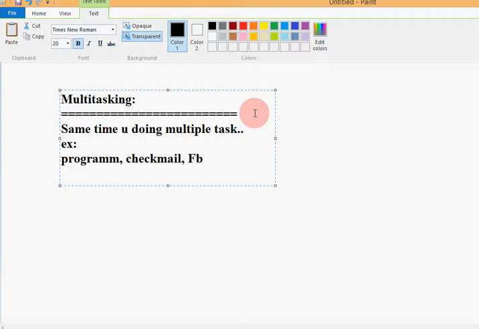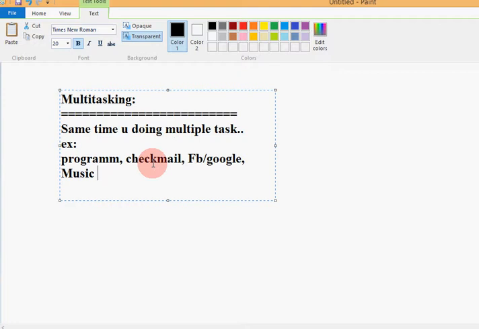You are browsing Facebook, or doing some Google searching, and at the same time you are listening to music. That means while typing your program, you are also checking mails, Facebook, searching Google, and listening to music. This is called multitasking. At one time you are doing multiple tasks.